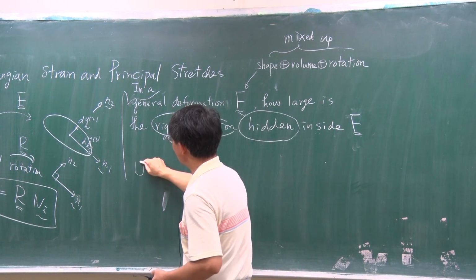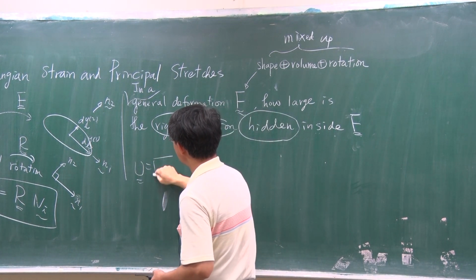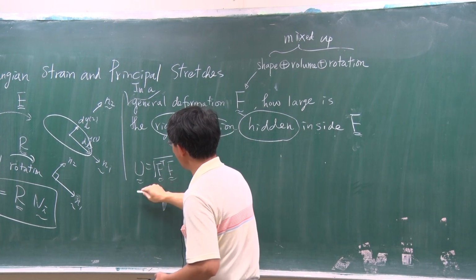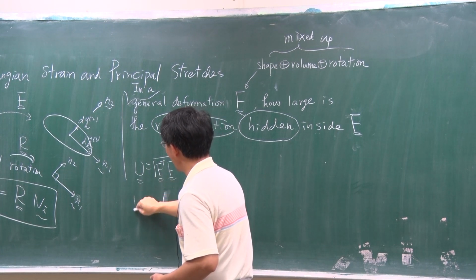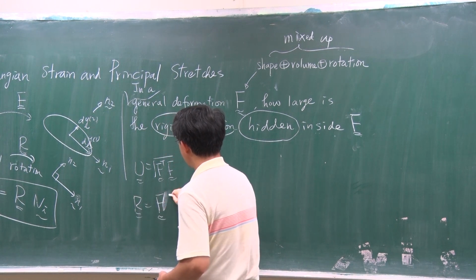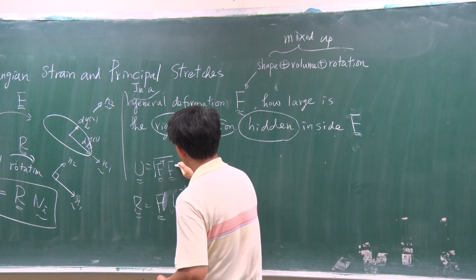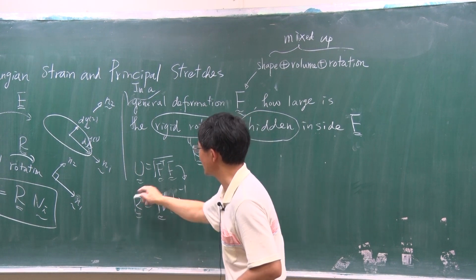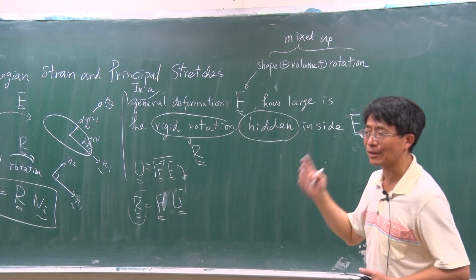U equals the square root of F transpose F, and then R is just F times U inverse. We first compute U from F, and then U inverse, and then you get R. Now we get the bad guy.